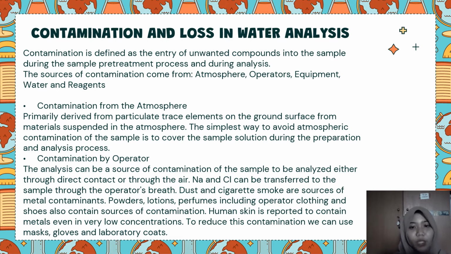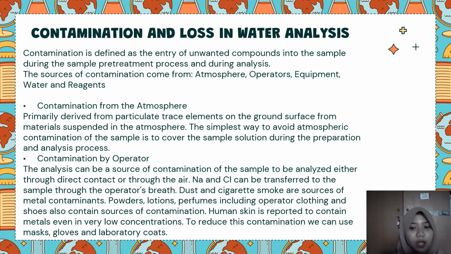The simplest way to avoid atmospheric contamination of the sample is to cover the sample solution during the preparation and analysis process. The second, contamination by operator. The analyst can be a source of contamination of the sample to be analyzed either through direct contact or through the air.